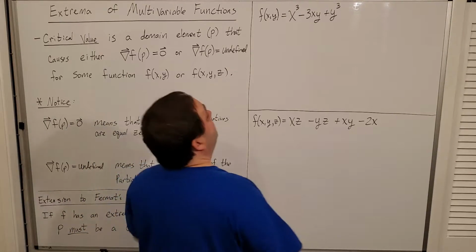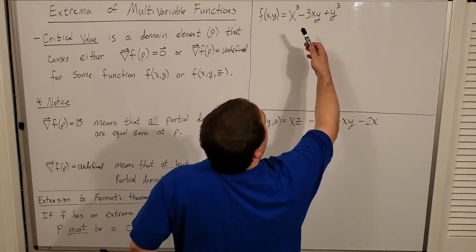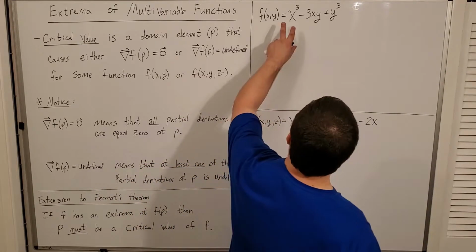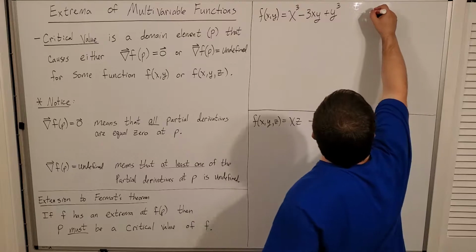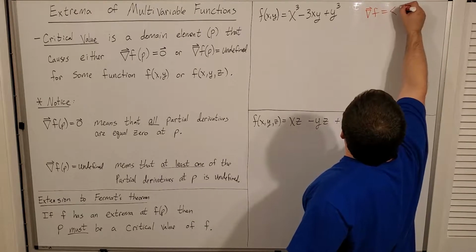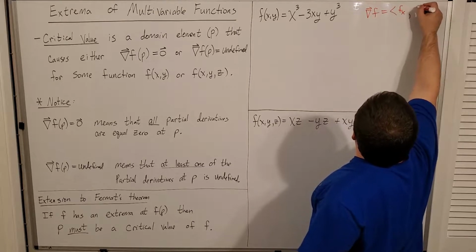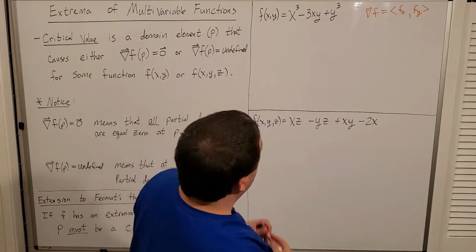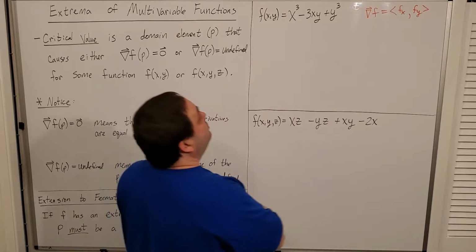So let's find out. Let's start off by computing the gradient. Remember, the gradient of the 2D function f is going to be equal to the partial with respect to x, comma, the partial with respect to y. So that's what I'm going to compute first.